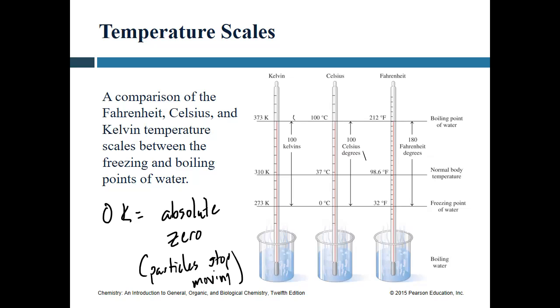We may not have a whole lot of it, but at the very least, those solid molecules are still vibrating around a little bit, even if they are fixed in place, even at really cold temperatures. But at 0 Kelvin, that is the theoretical mark where even that small amount of molecular motion doesn't exist anymore.